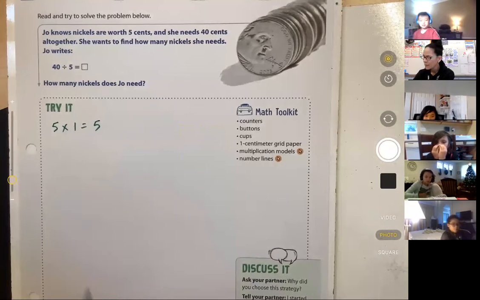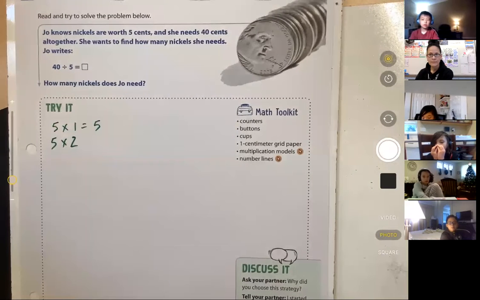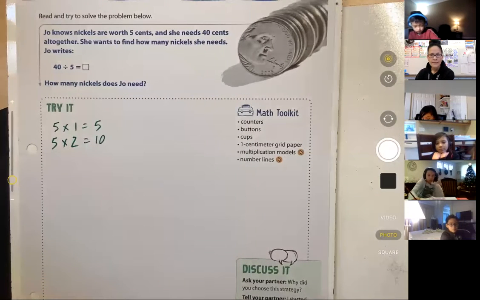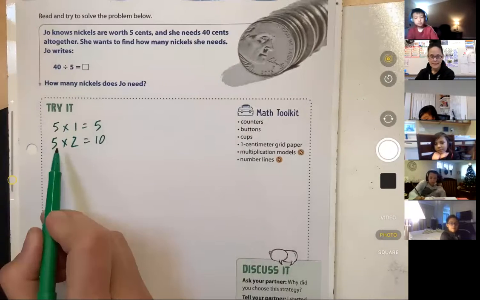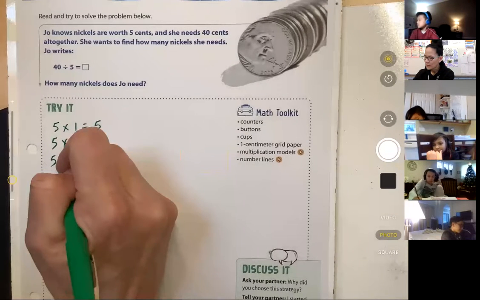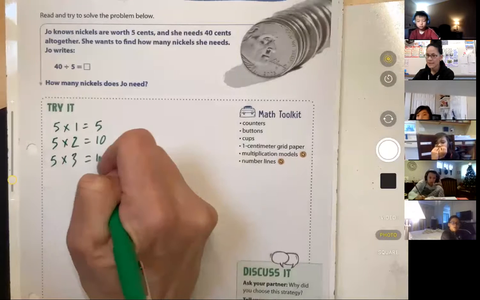Or I could say 5 times 2 is 10 cents, or 2 nickels is 10 cents. I could say 1 nickel 3 times is 15 cents.